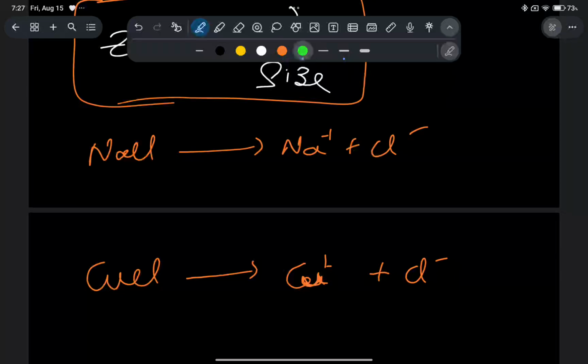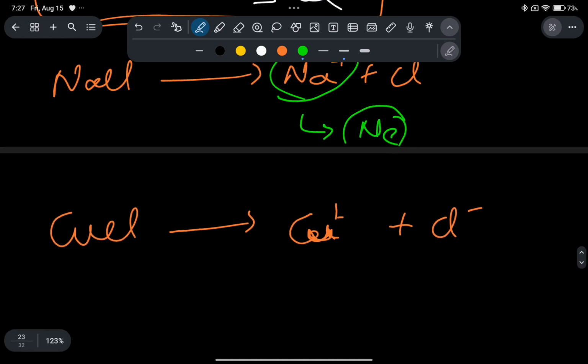But sodium is from the neon configuration, 1s2 2s2 2p6. The outer configuration has 8 electrons as valence electrons. What about copper? It forms a pseudo electronic configuration.